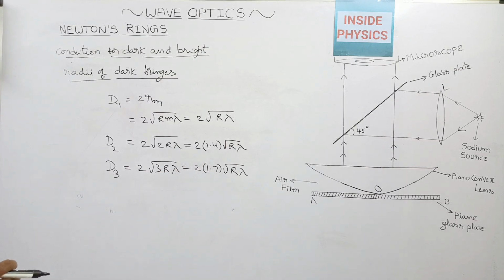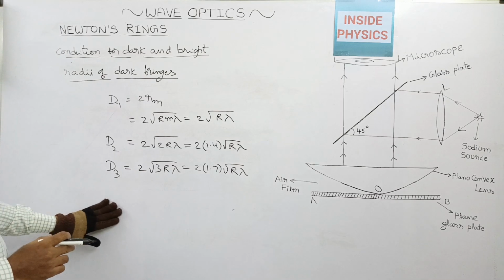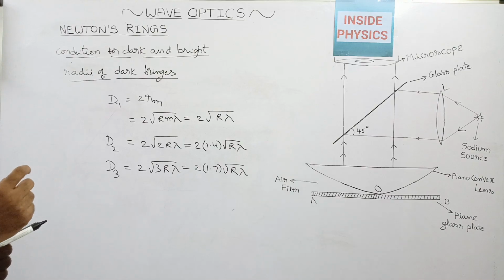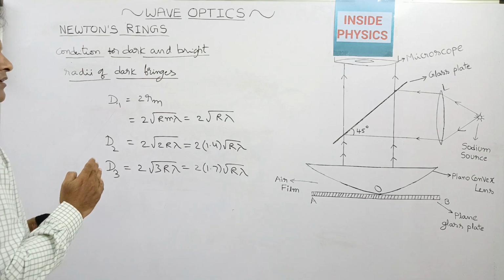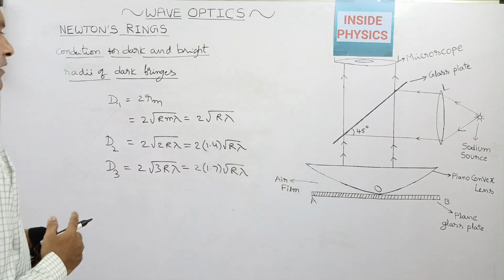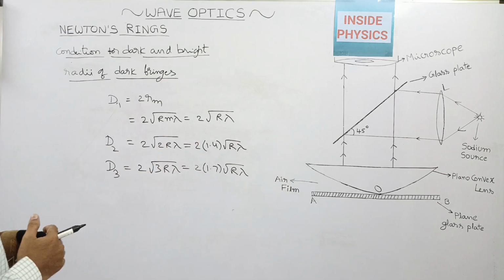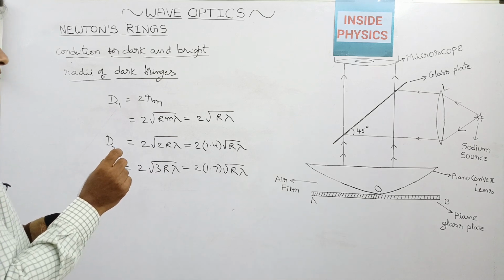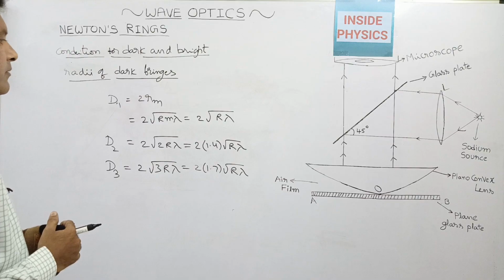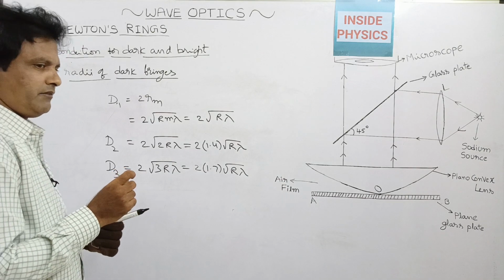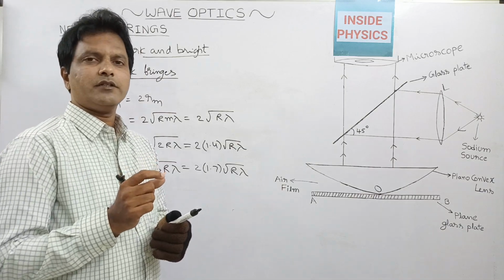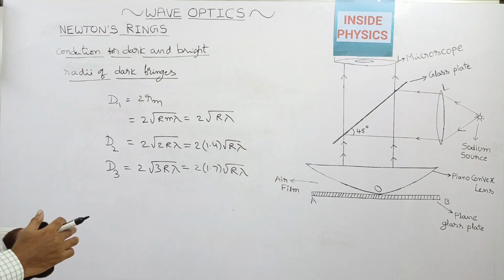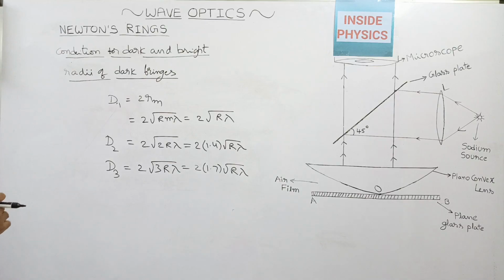With this observation, we can say the spacing between the fringes, as you move from the central dark spot away to the left or right, is narrowing while we are moving away from the dark spot. So they will have a very small fringe space when you are going far away, like D4, D5, D6, D7, like that.